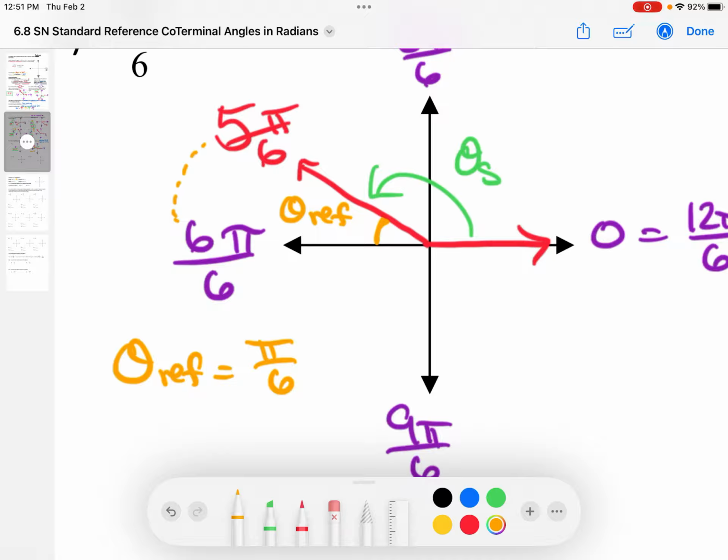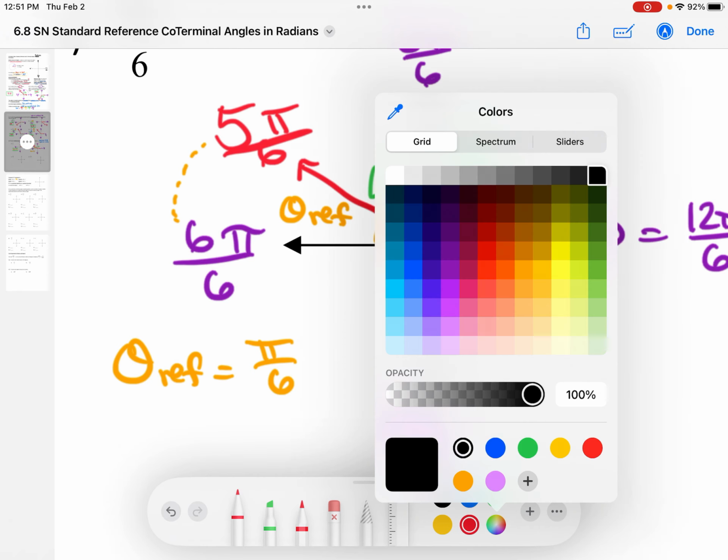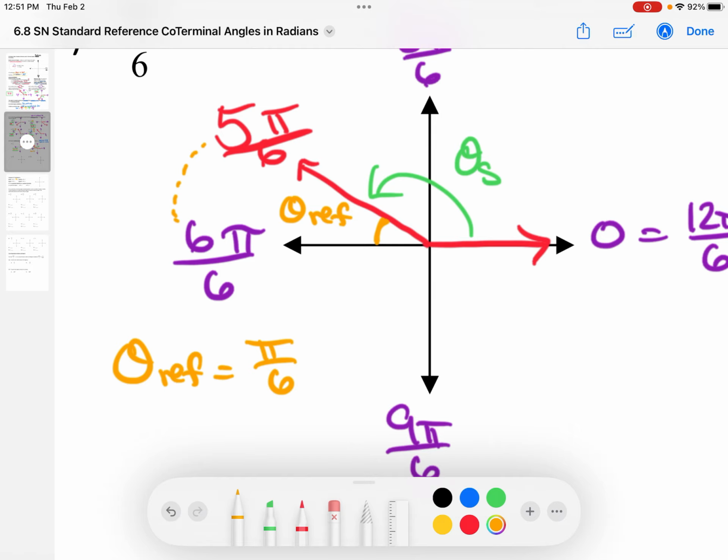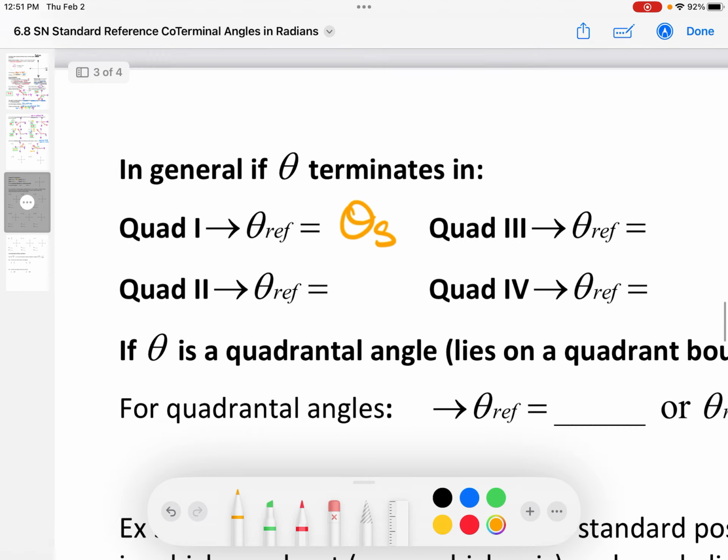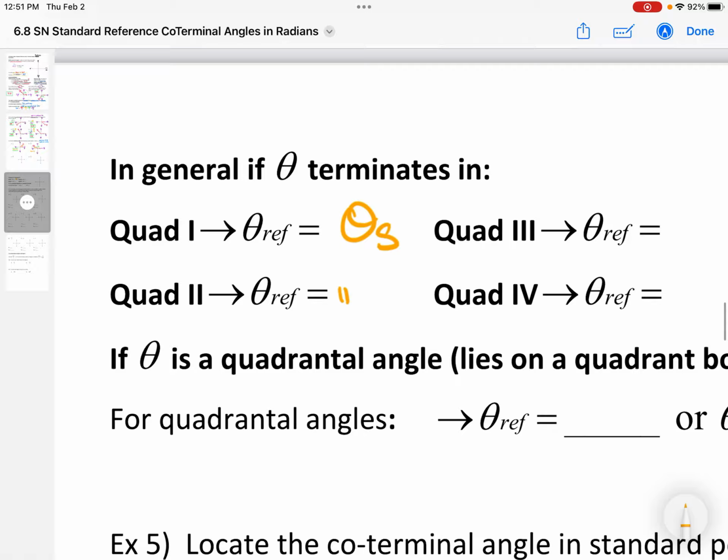Now, mathematically, we subtracted 6 pi over 6 minus 5 pi over 6. 6 pi over 6 is equivalent to pi. So in quadrant 2, top of the next page, we did pi minus theta standard.